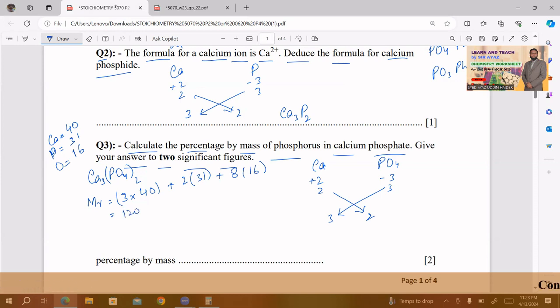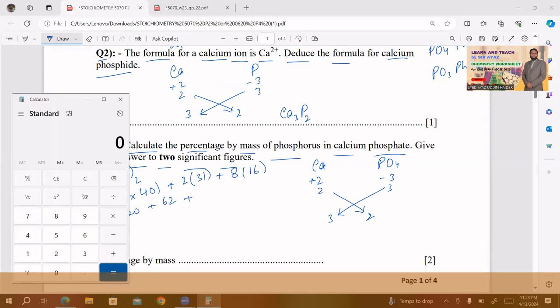Plus 2 multiplied by 31 is 62. Plus 8 multiplied by 16 is 128. Adding up these, what we will get?